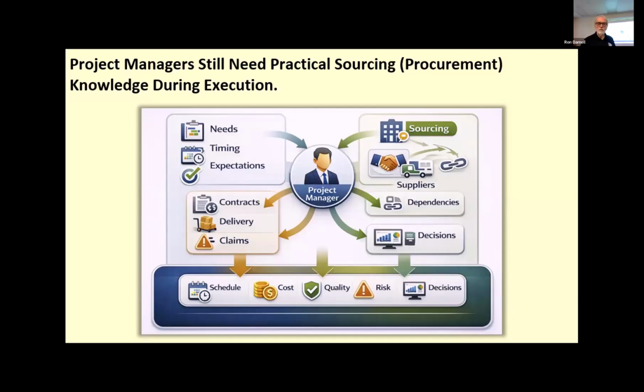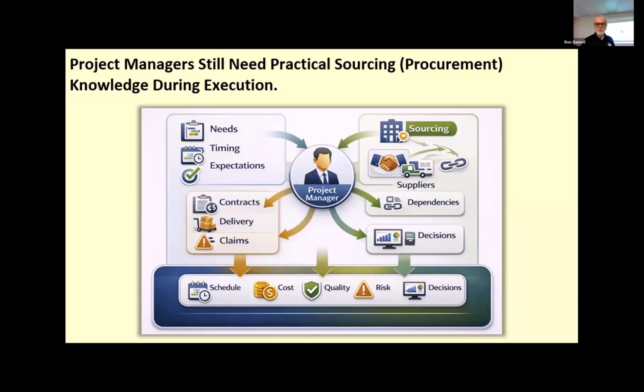PMBOK 8 reinforces this broader concept-oriented view through topics such as procurement strategy, source selection, contract models, and claims administration. This is why procurement or sourcing literacy still matters in project execution. If a vendor misses a delivery date, quality standards are not met, a pricing issue arises, or a contract dispute slows work, the impact shows up in project performance pretty quickly.